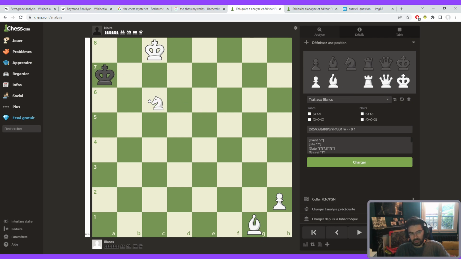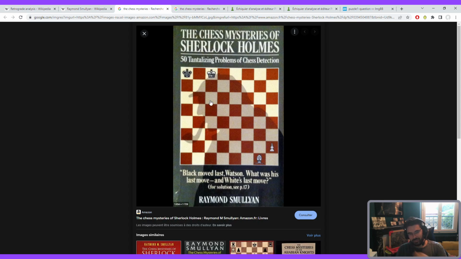Only one. A knight was in b6. So the last white move was knight b6 to a8, and the last black move was king a7 to a8, capture the knight.